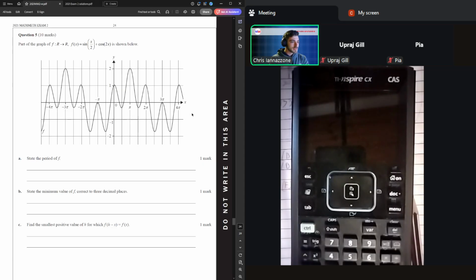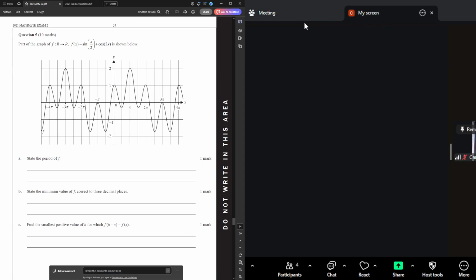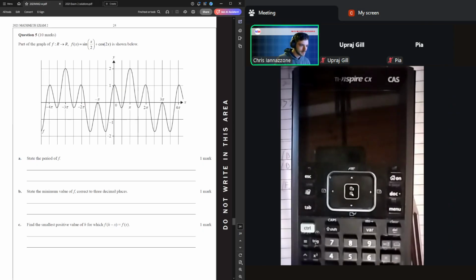Part B is basically free. Minimum value of f. It's even correct decimal places as well, so you've got CAS graphing tools to help you out.